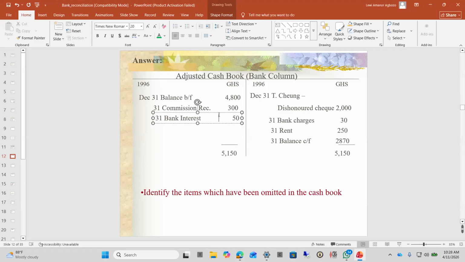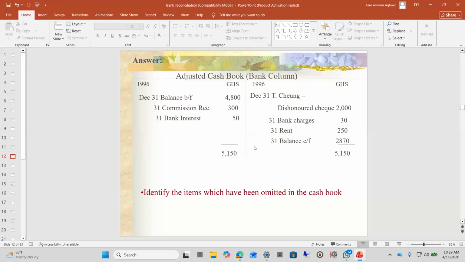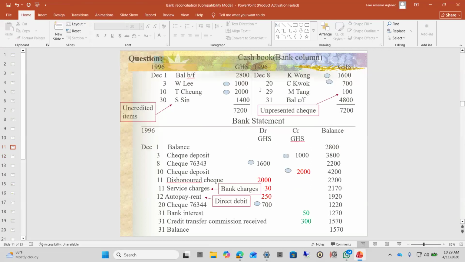And then you bring your opening balance, which is 4,800. Is that okay? Now, we will go into the statement and see the things we should have adjusted to our cash book, and then we come and adjust it here.